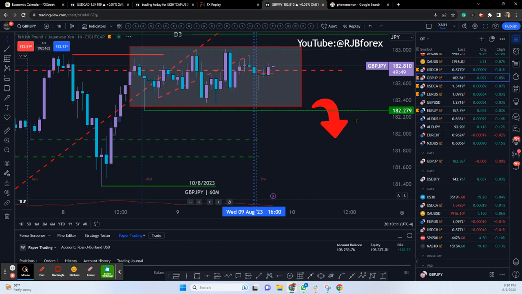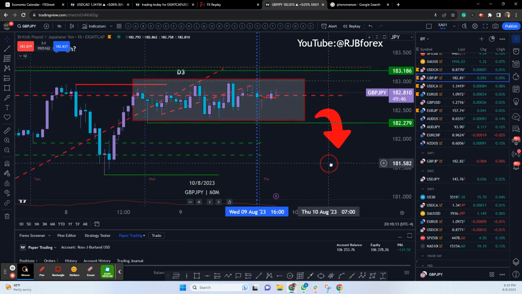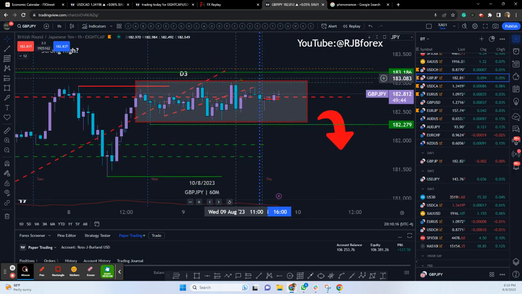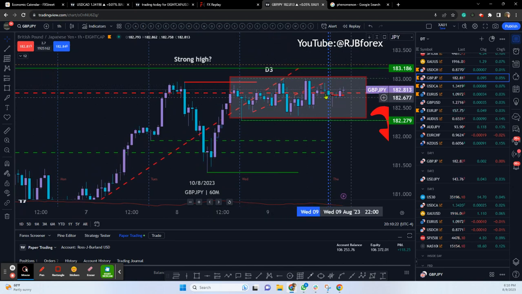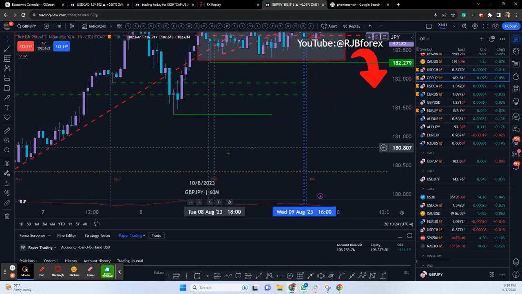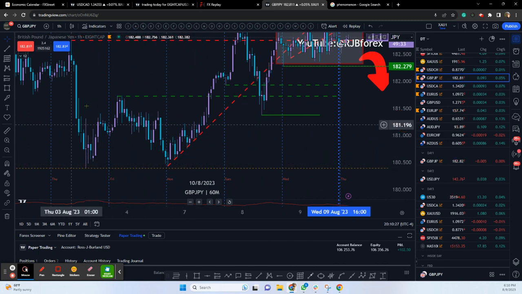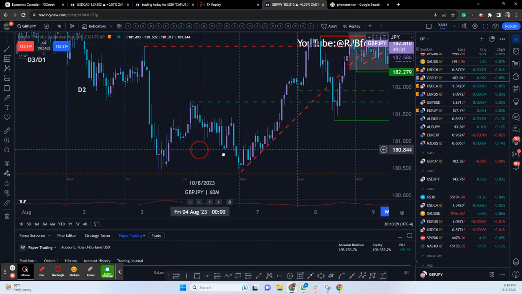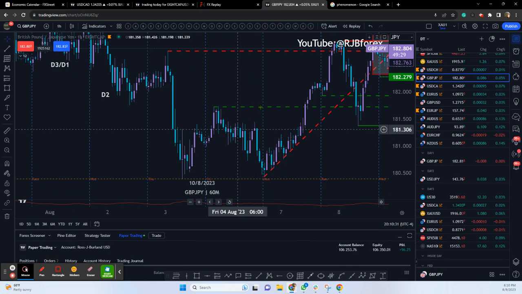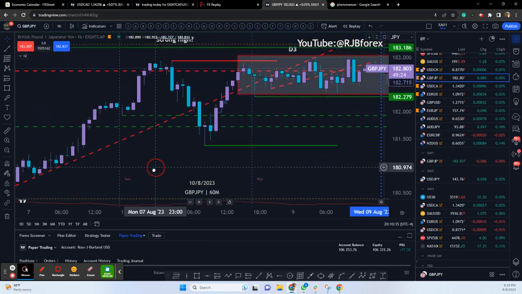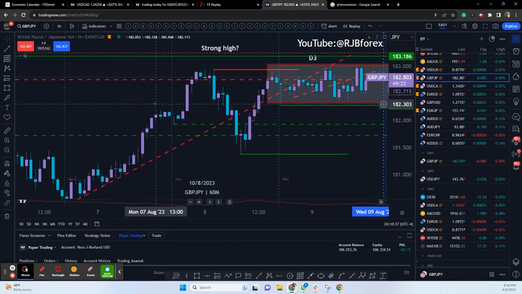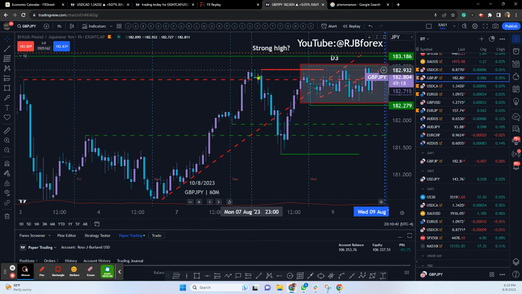Sterling yen. Is a strong high. Same sort of scenario. Do the day count. Day 1, day 2, day 3. Day 1, day 2. This turns to day 1 because we were up high of the week, we failed.